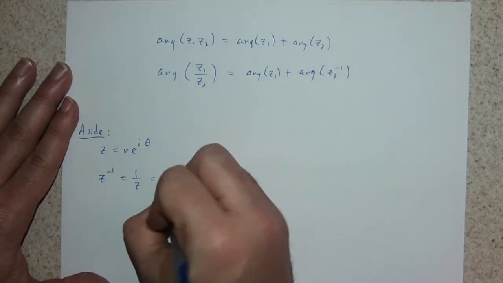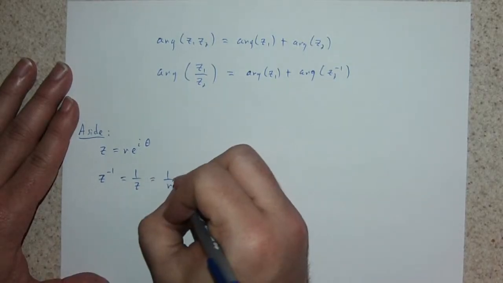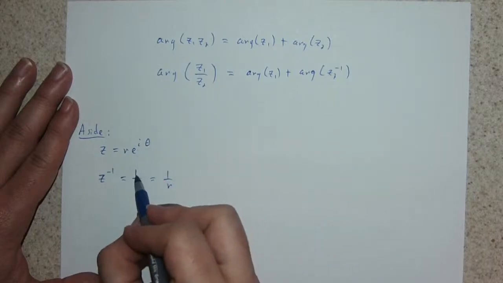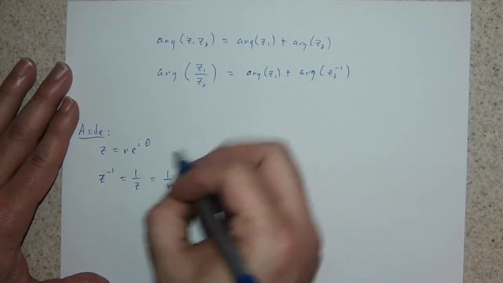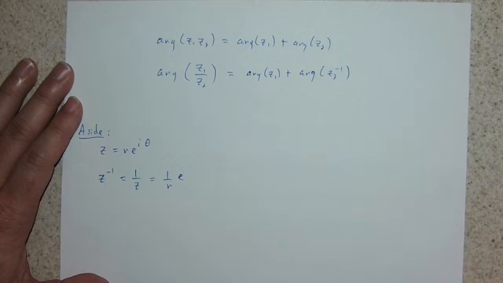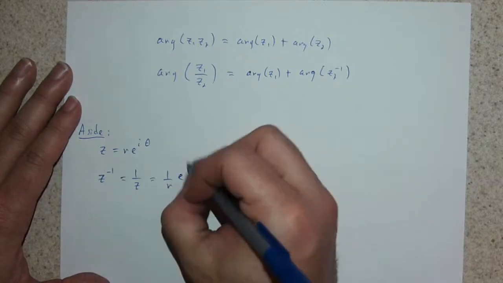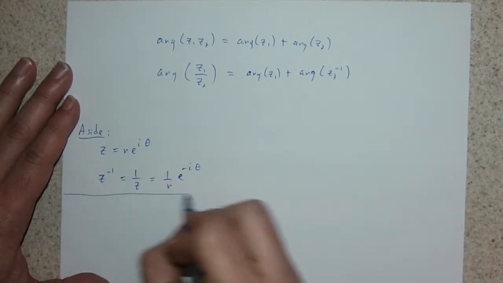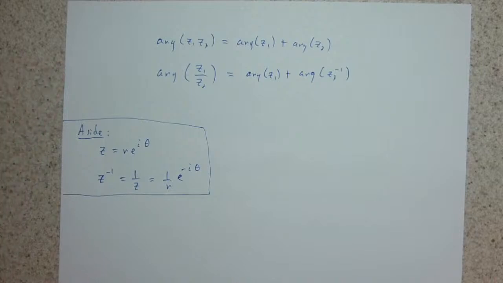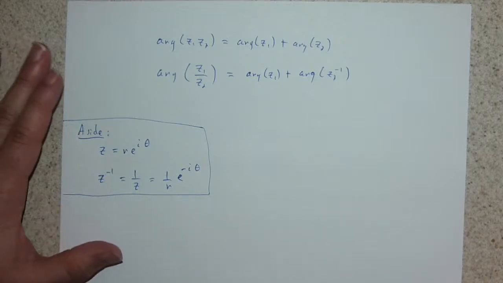This was 1 over r e to the, so it was theta sub 1 minus theta sub 2. So this is e to the minus i theta here. So we have a quick and slick version for finding the inverse of a complex number in exponential form.